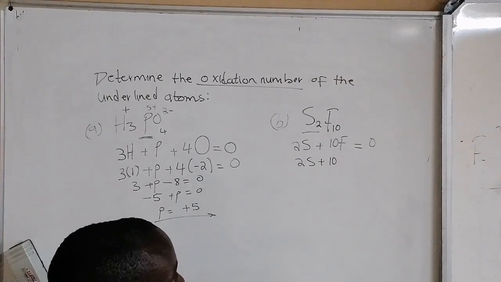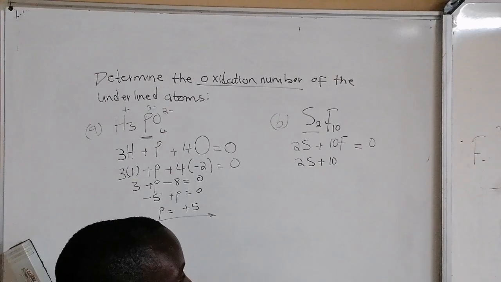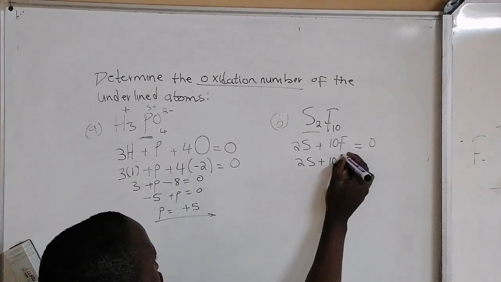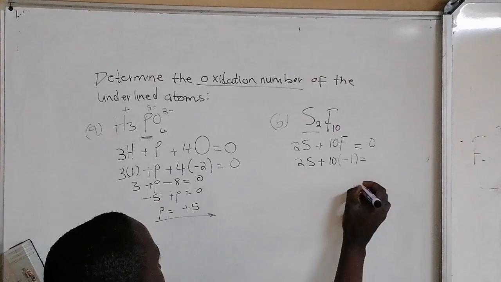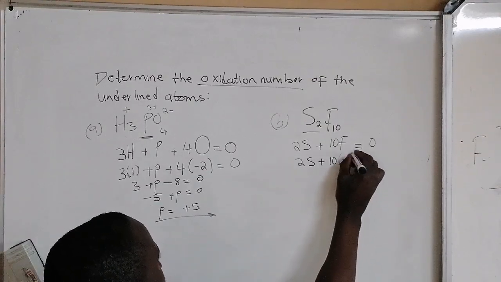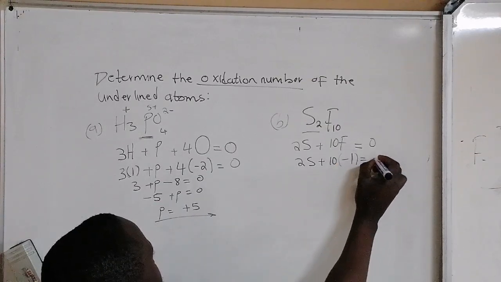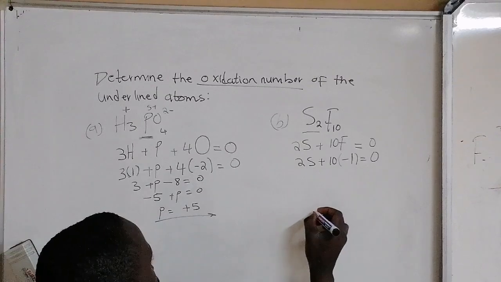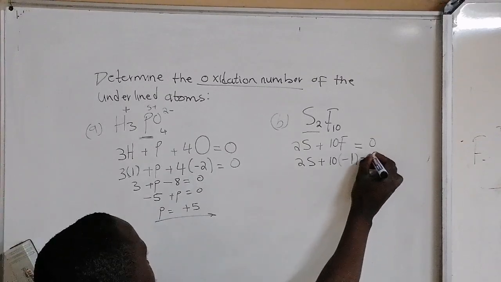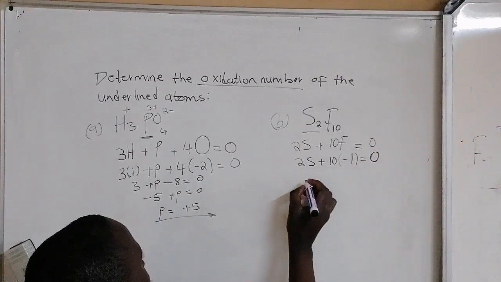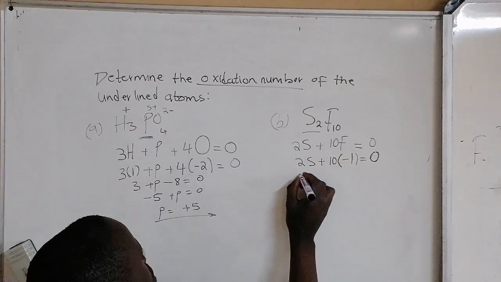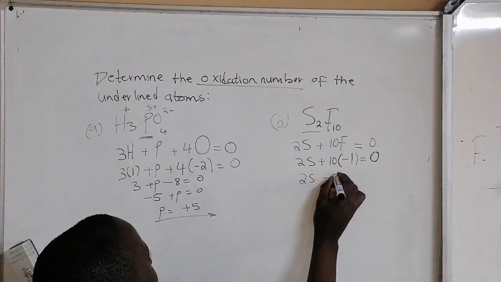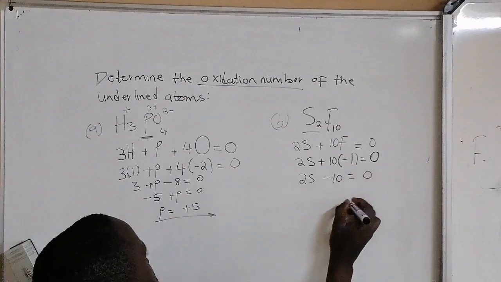We know that halogens have an oxidation number of -1. Where there's F, I substitute -1 because F is an element in the halogen group, group 7. So it is very important for you to know the groups and the elements in the groups from the periodic table. So 2S minus 10 equals 0.